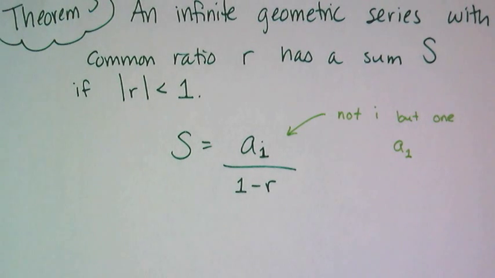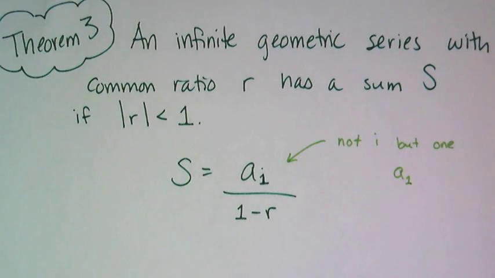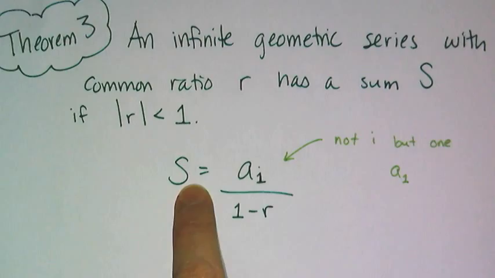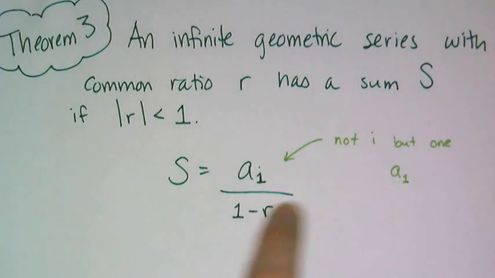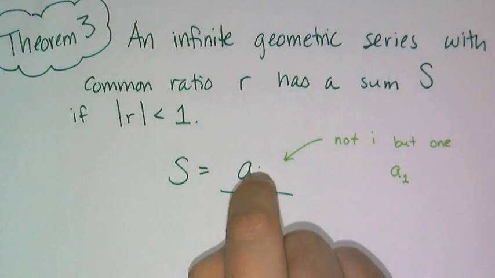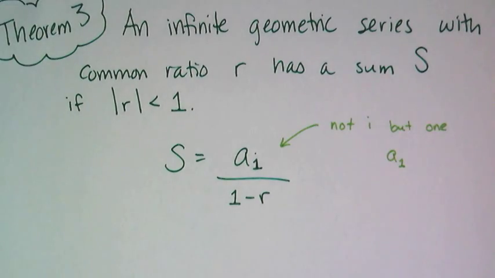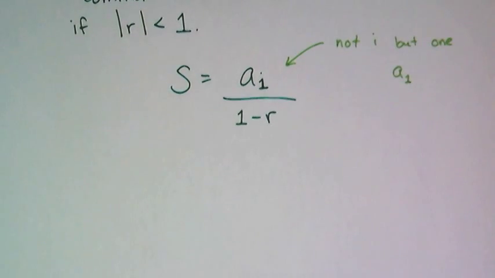And this leads us to theorem 3, the one about the sum of an infinite geometric series. And here is the sum formula. It says the sum is equal to a sub 1 divided by 1 minus r. I accidentally made a little dot there, so it looks like an i, but it's really a sub 1. And you can figure out where this comes from just by looking at theorem 2.